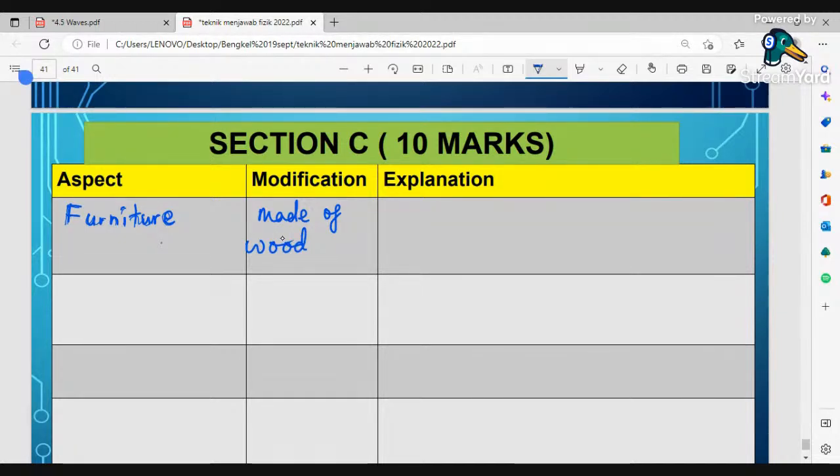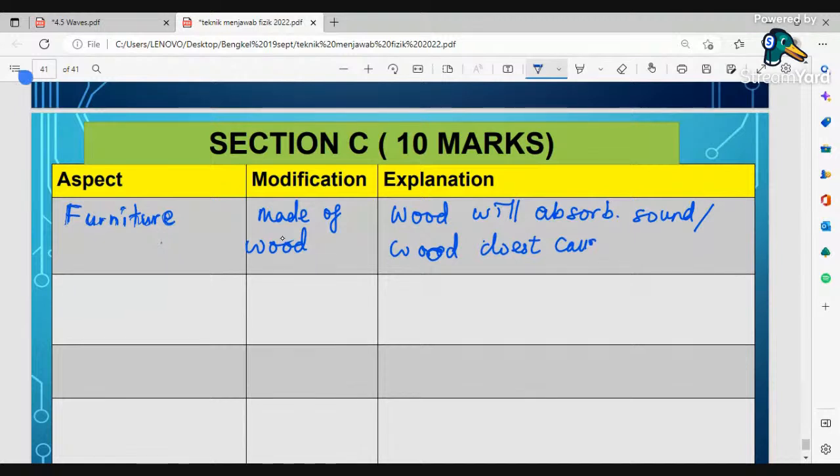The furniture is made of wood. Reason: wood does not cause reflection.